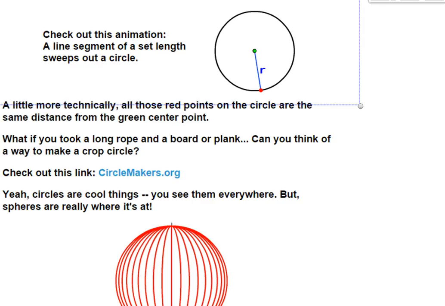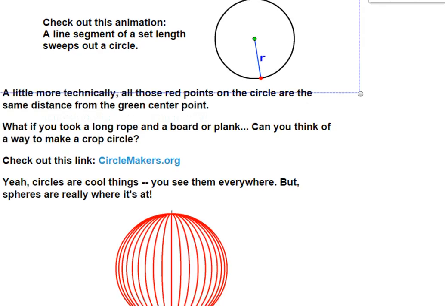And this is maybe a little more dangerous, but if we wanted to make a sphere, we could swing a little ball on the end in space, and we could get a sphere as well.